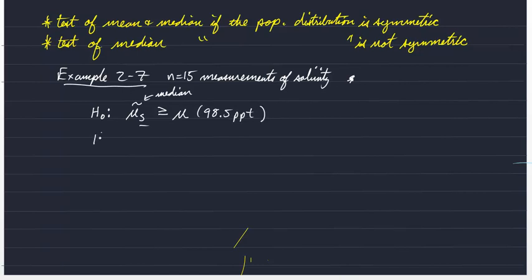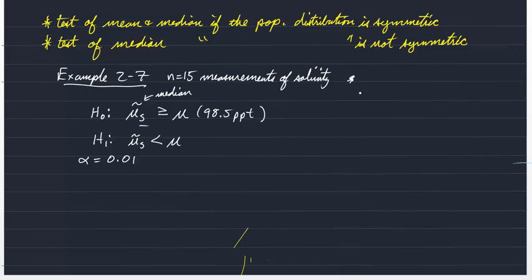And the alternative hypothesis is therefore the median value is less than mu. And we're going to define alpha, the significance level, as 1%.